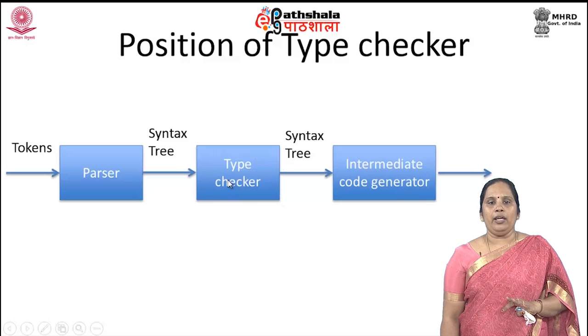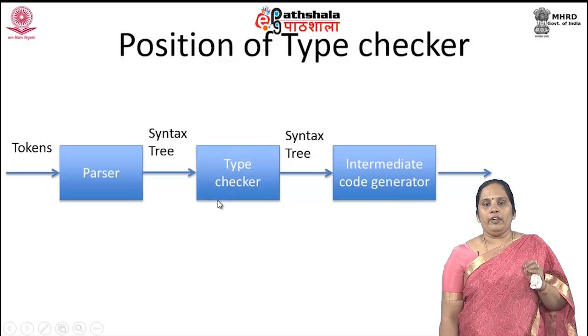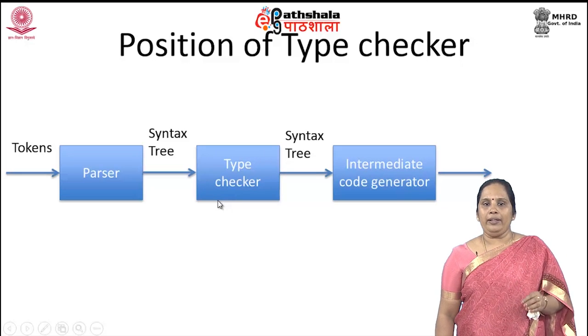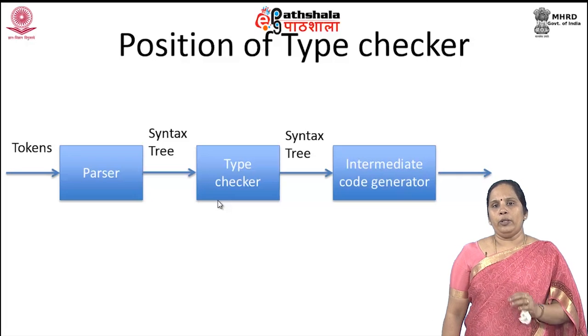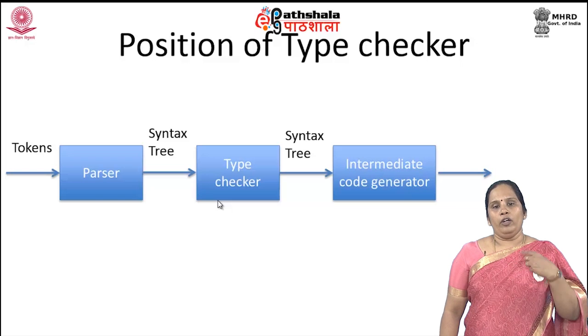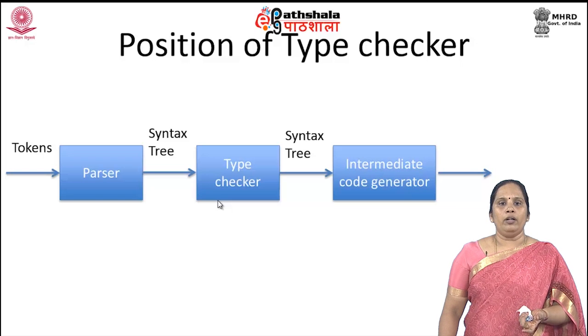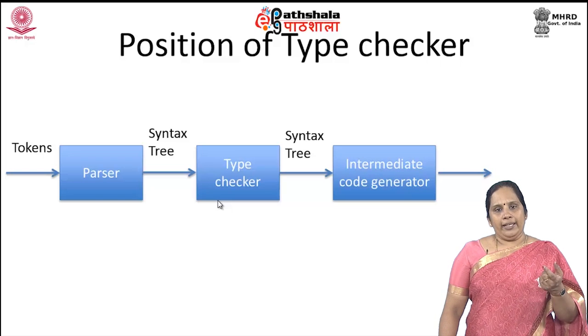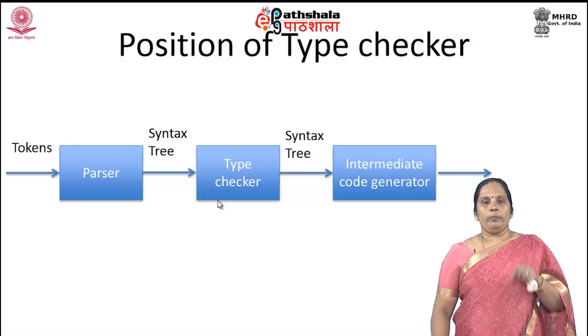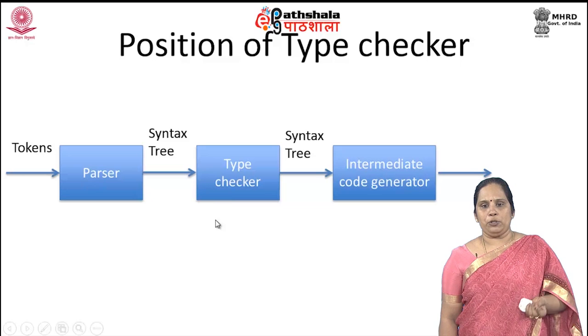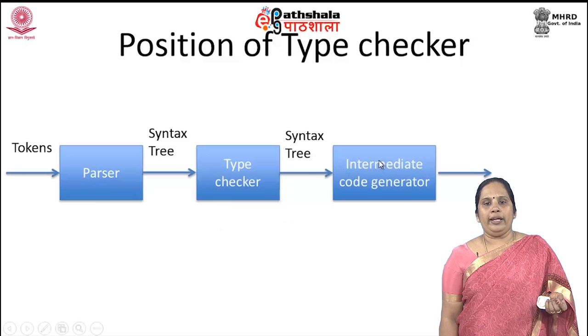This type checking is done by adding many semantic rules as part of the grammar corresponding to the programming construct. We already know what the grammar of a particular programming construct is. Based on that grammar we will write semantic rules, and those semantic rules will perform the job of type checking, and then the result is given to the intermediate code generator.